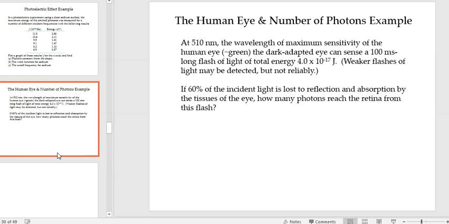If 60% of the light is lost due to reflection and absorption by the tissues of the eye, how many photons actually reach the retina from this flash?